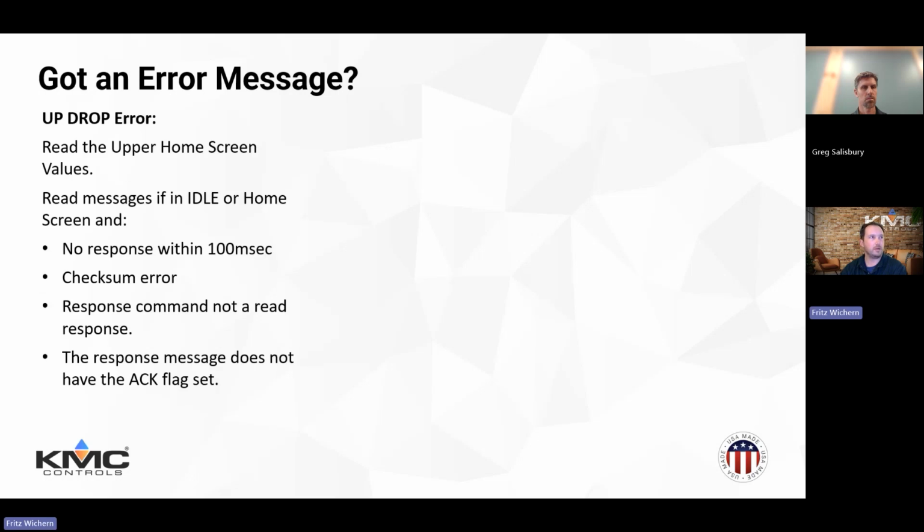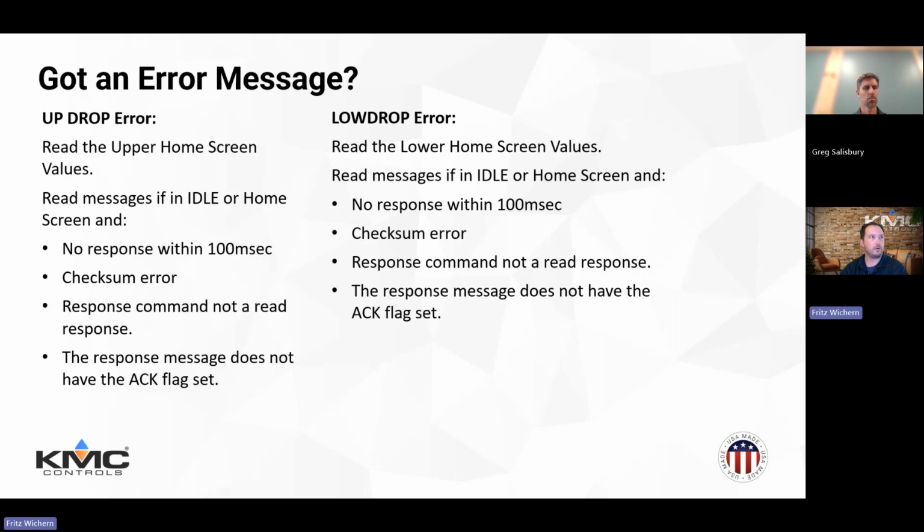Skipping through here, we've got up drop error and low drop error, right? So these are referring to errors on the display message there. And again, all this comes back to these errors popping up if it's not getting a response within a certain amount of time.